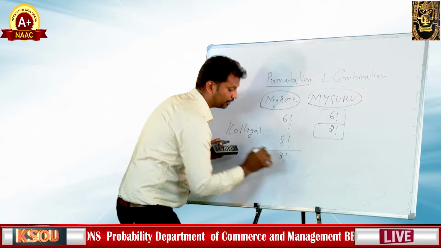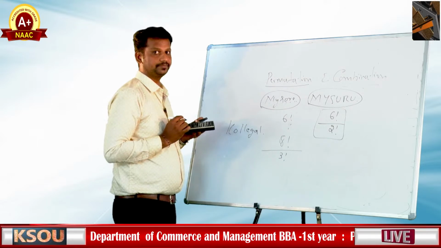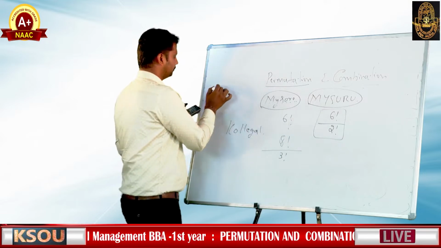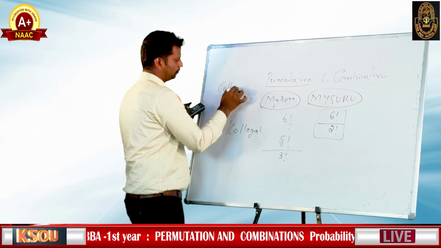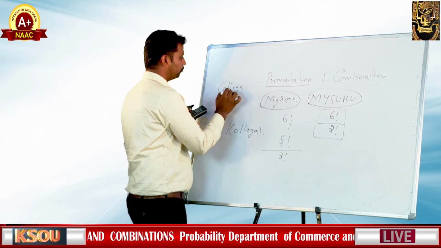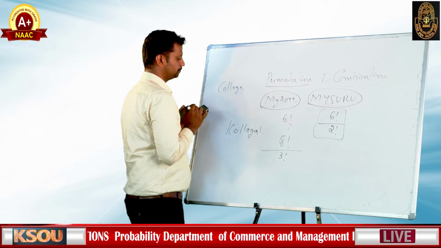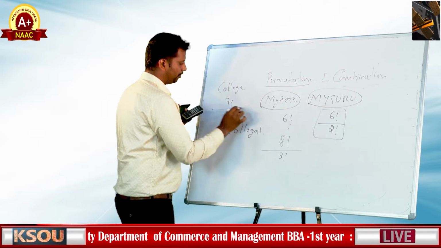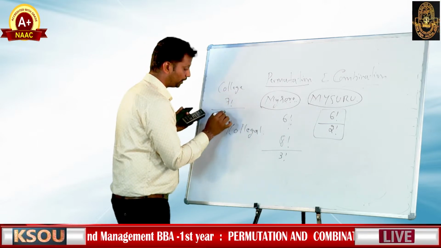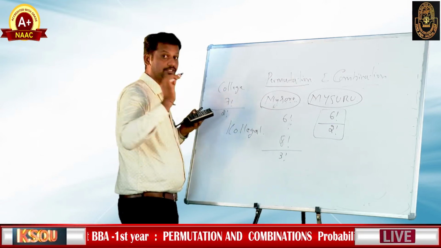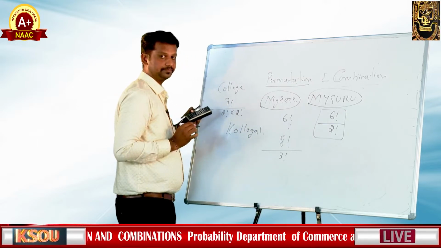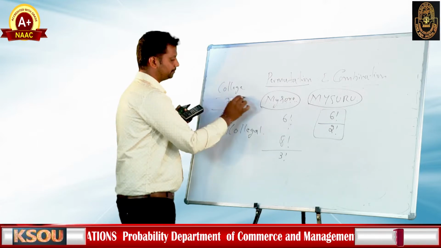Similarly, in the word college there are 7 letters: 7 factorial divided by 2 factorial, as L is repeated 2 times, into 2 factorial, as E is also repeated 2 times. So you get the answer.